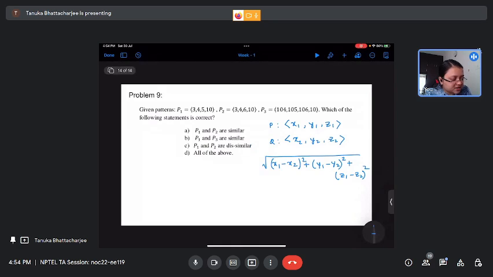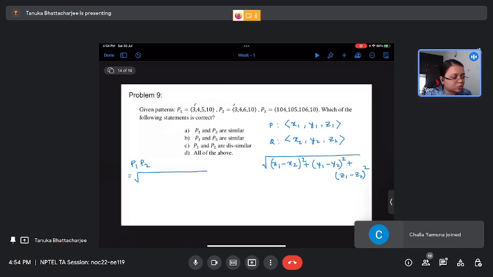Now if we consider the distance between P1 and P2, the first coordinate is the same for them, 3 and 3.